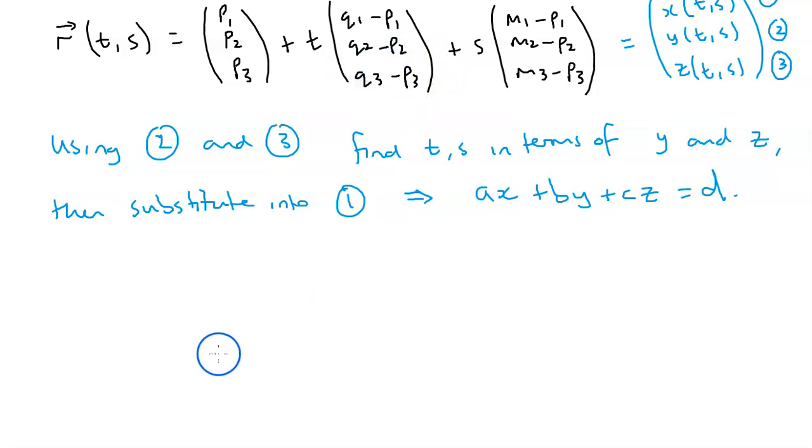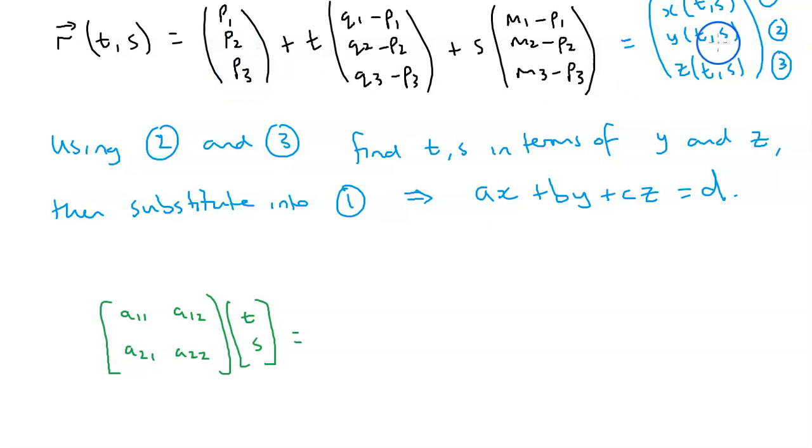So let's change it to a matrix equation. A11, A21, A12, A22 times the vector T, S, and then P2 is going to be A13, and P3 is going to be A23.